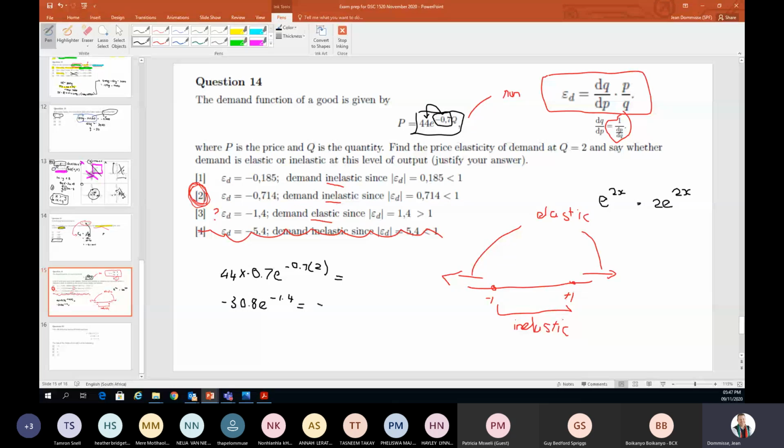Which gives you minus 7.5952. Okay, so that's the one that we need to work out.